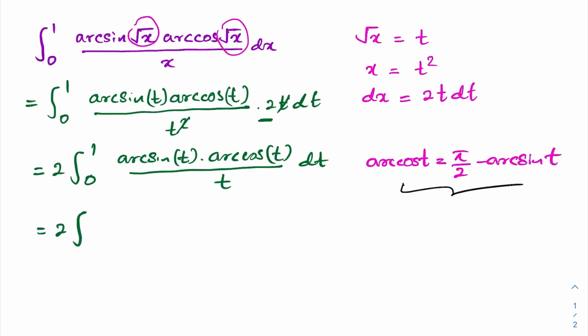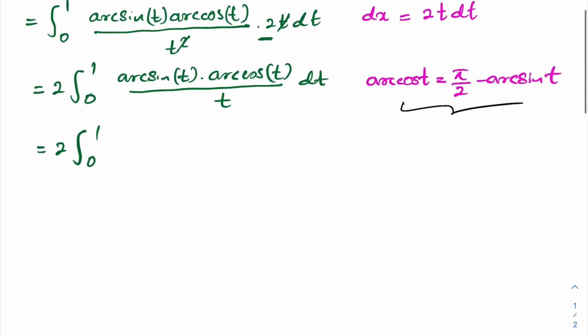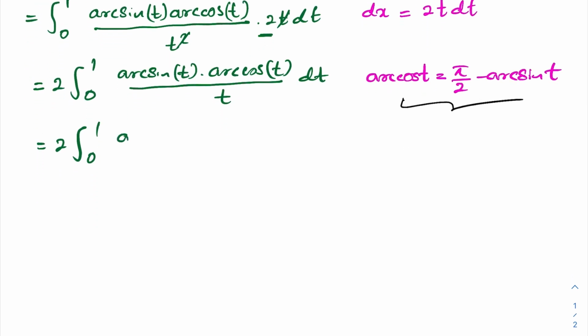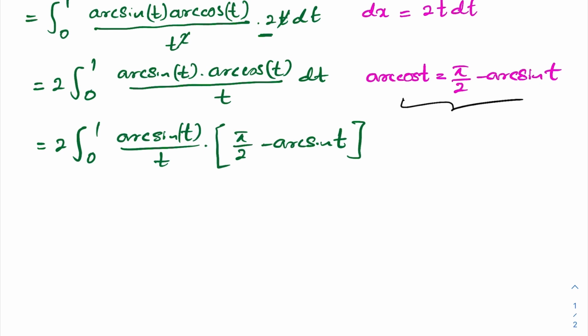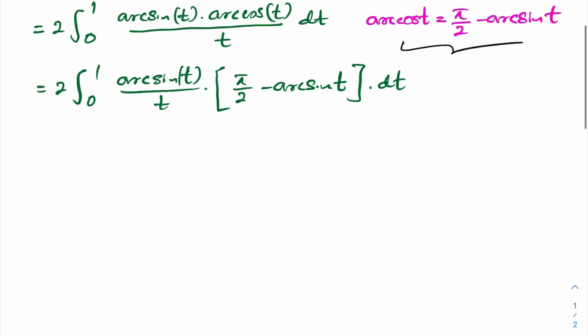2 times integral from 0 to 1 of arcsine of t over t times arccosine of t, which is pi over 2 minus arcsine of t, dt. Now we can remove the parentheses by multiplying by arcsine of t over t.